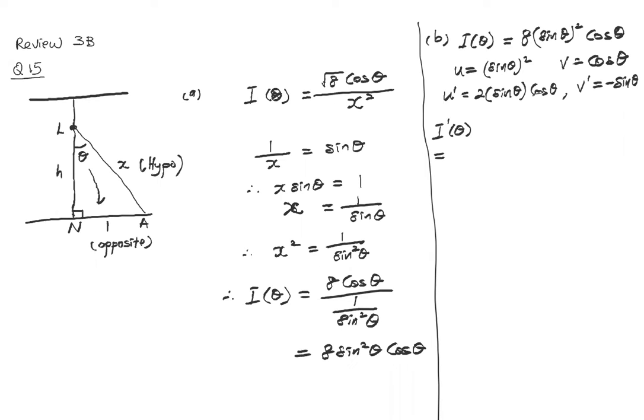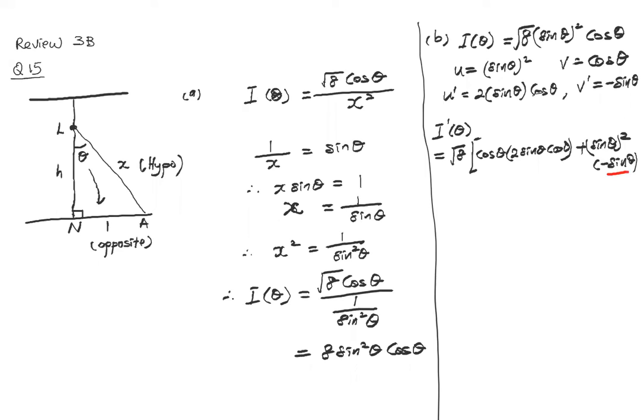Oh, it's square root of 8, sorry. So I put square root of 8 outside, v u prime plus u v prime. Okay, their common factor is sin theta.